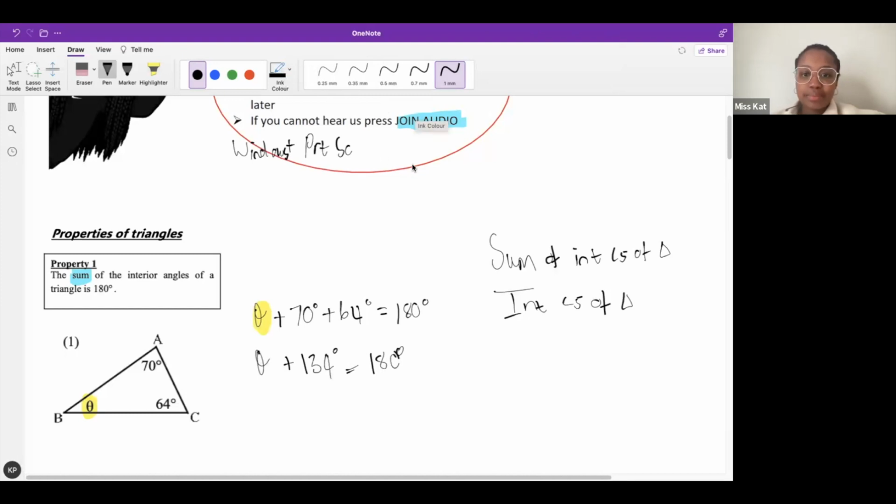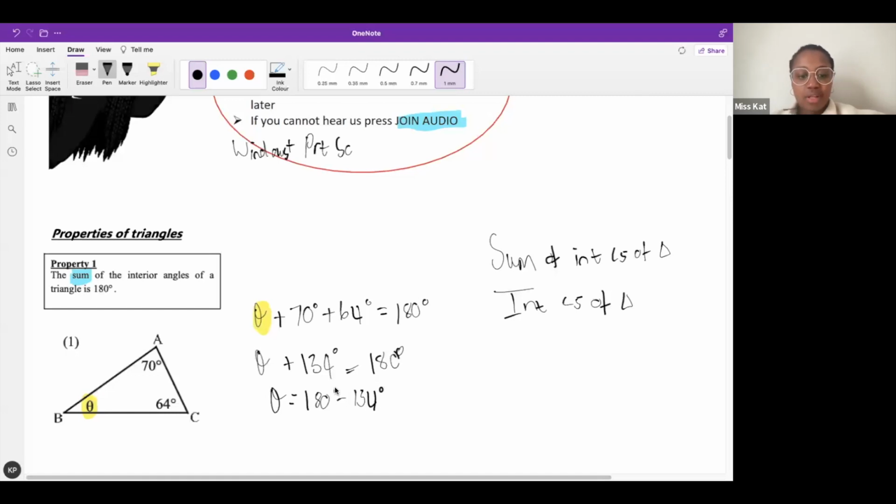Yes, Bogang? We are going to subtract 134 from 180. Beautiful, Bogang, that is brilliant. So then theta will be 180 minus 134 degrees.